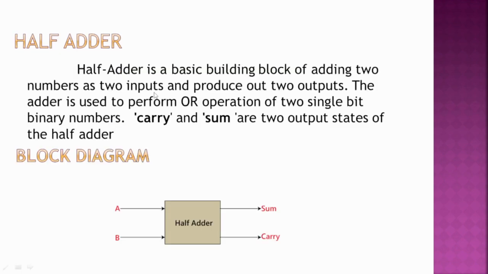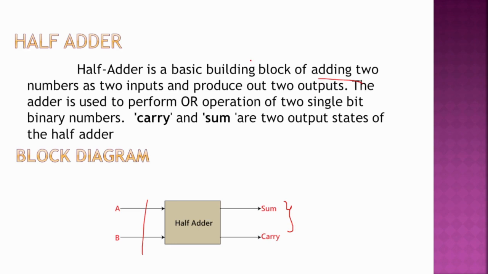First one is half adder. It has two inputs to provide an output of sum and carry. So it has usually two inputs and provides two outputs.